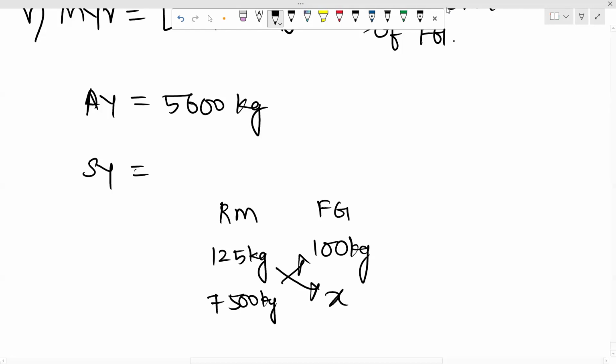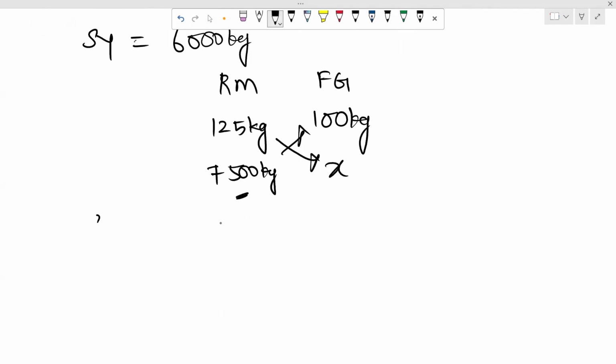So it is 7,500 into 100 divided by 125. We get 6,000 kg, which means by making use of 7,500 kg of raw material, we could have actually produced 6,000 kg of finished goods, but we produced only 5,600 kg of finished goods, which is less than the standard.